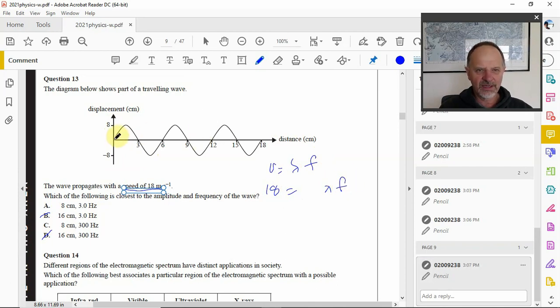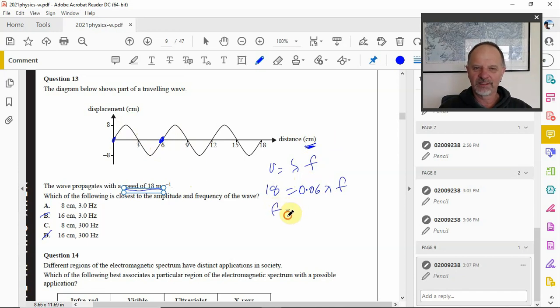All right, and so we need to go from corresponding points on a wave. So if I come for this part of the wave, it's going up, it's coming down, and it's coming up again. There are corresponding points, and that's 6 centimeters. So 6 centimeters, not 6 meters, 6 centimeters divided by 100, that's 0.06.